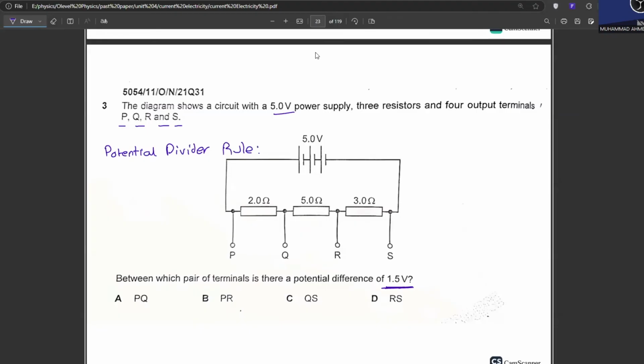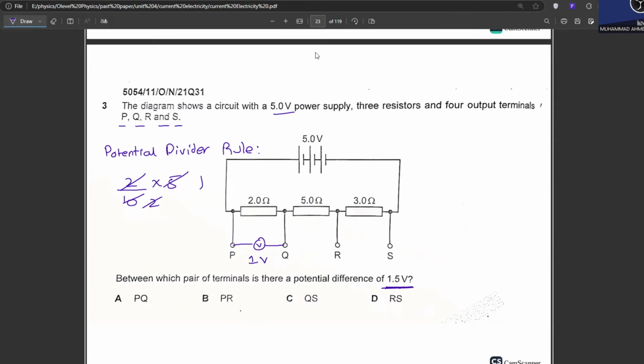That rule states you will take the resistance across which you want the voltage divided by the total resistance, 2 plus 5 plus 3, that is 10, multiplied by the total voltage, that is 5. This becomes 1, this becomes 2. 2 and 2 cancel. This means if I place a voltmeter across 2 ohms, I will get 1 volt as my answer.